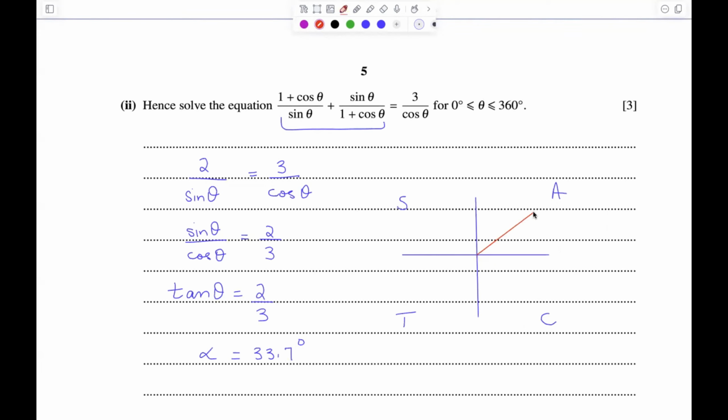So the basic angle will be made in the first quadrant as 33.7, and in the third quadrant again 33.7. To find theta, we'll measure the angle anti-clockwise from the x-axis. So the first angle will be theta is equal to 33.7, and the second angle will be 180 plus 33.7, which will become 213.7.